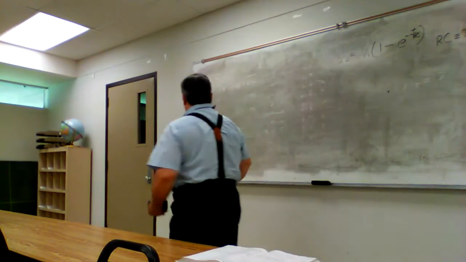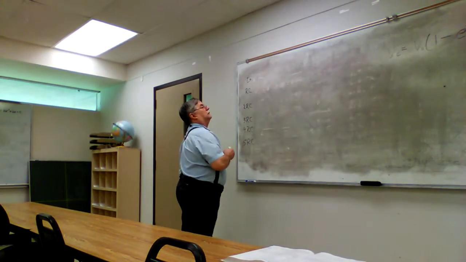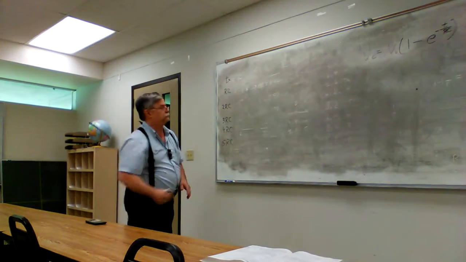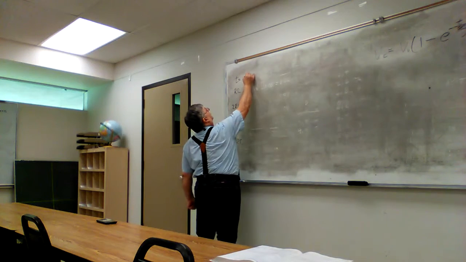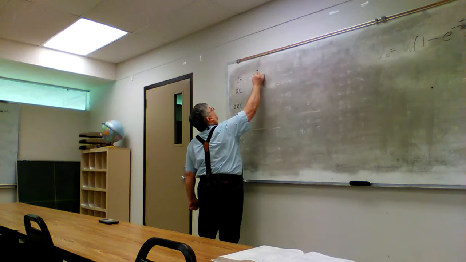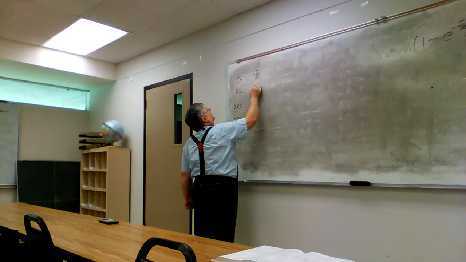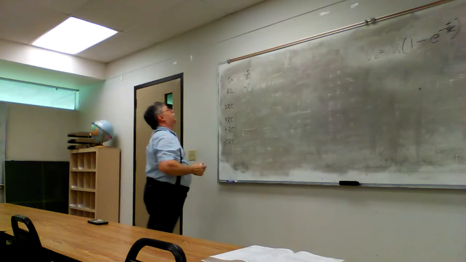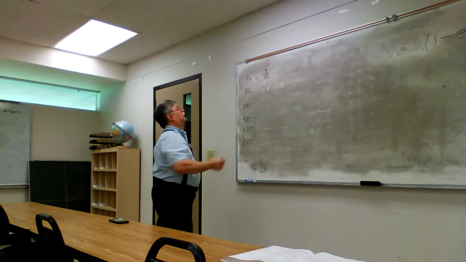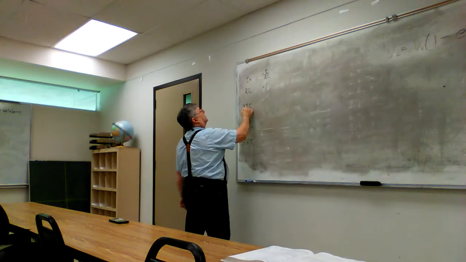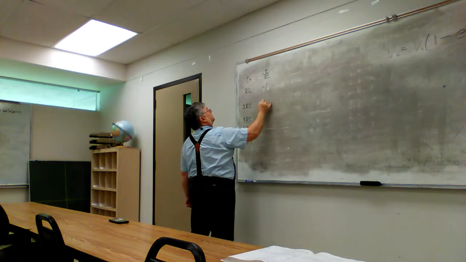Now, when t is equal to RC, negative t over RC equals negative 1. When t is 2RC, negative t over RC is minus 2.